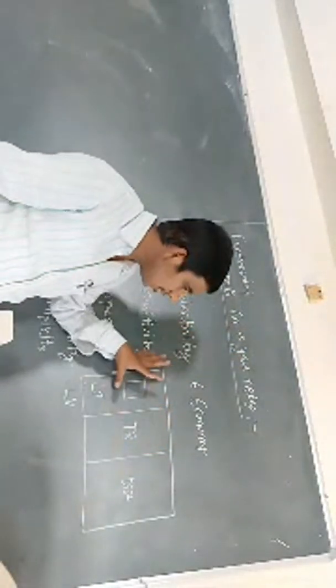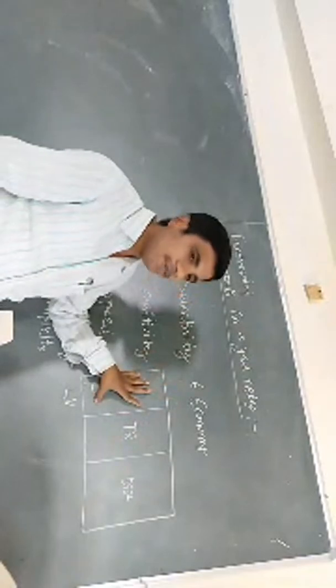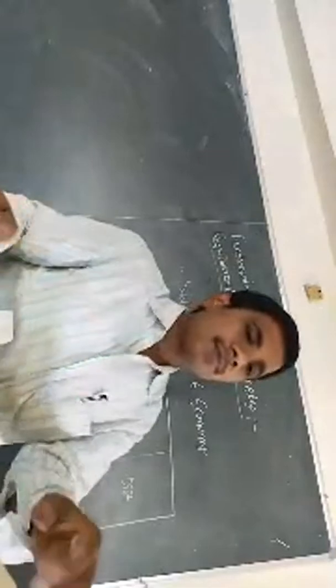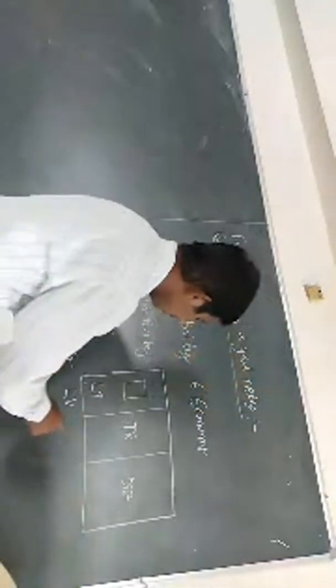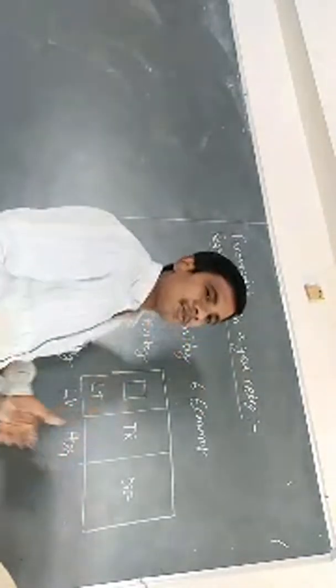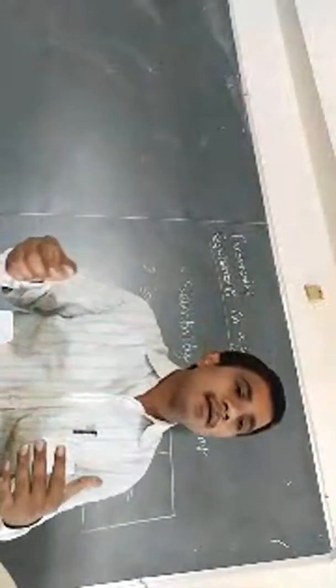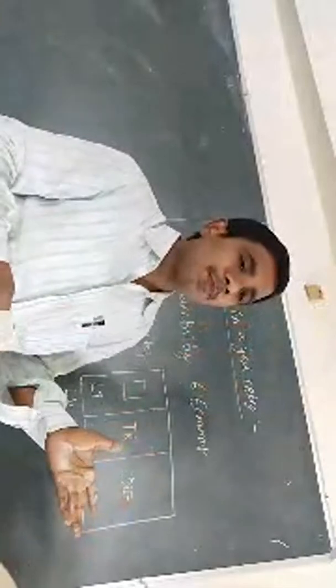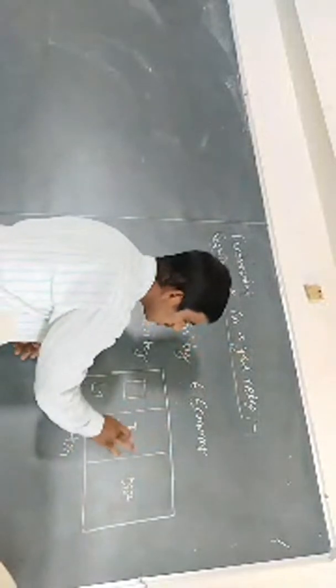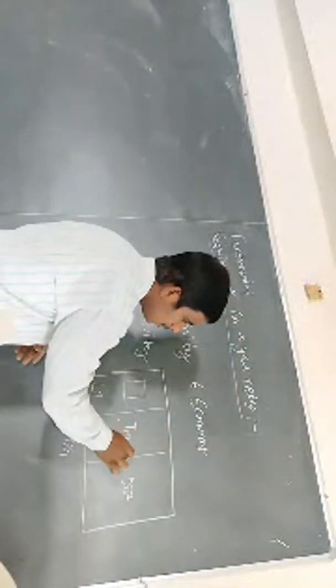Based on that, if any fault occurs, the relay will operate on that part. Similarly, high voltage switchgear protection, low voltage switchgear protection, power transformer protection, and transmission line protection.